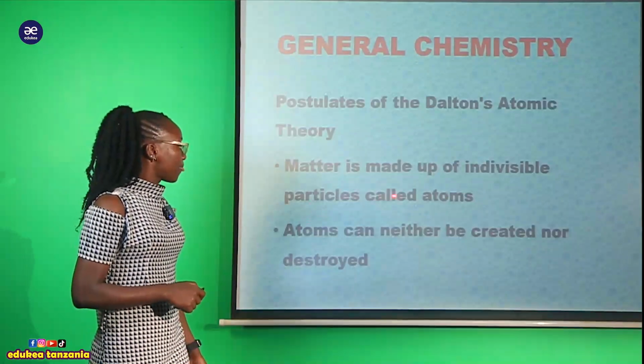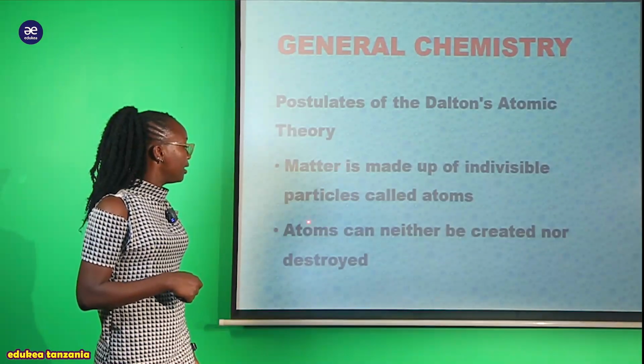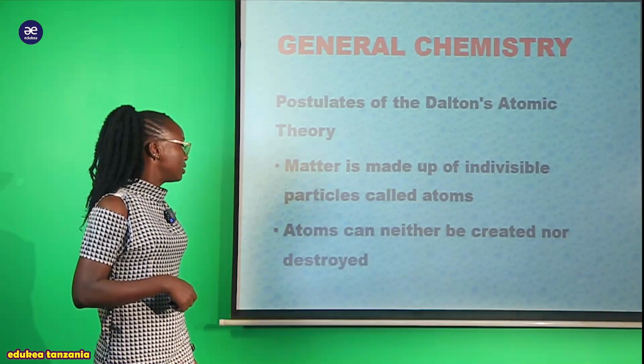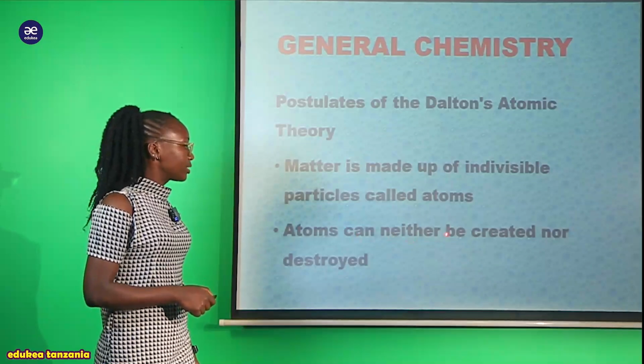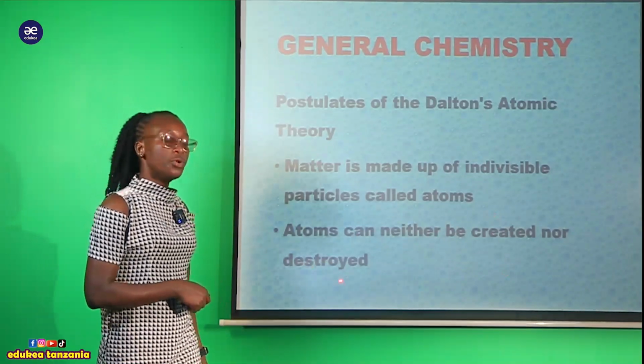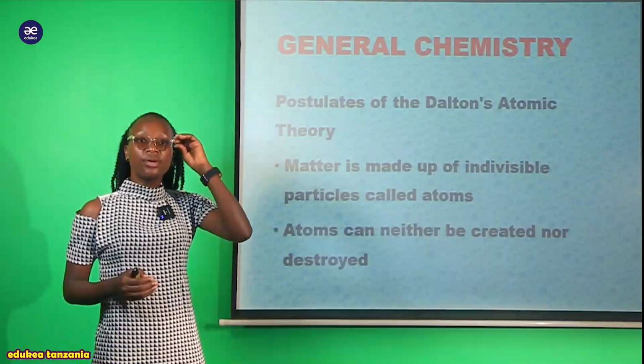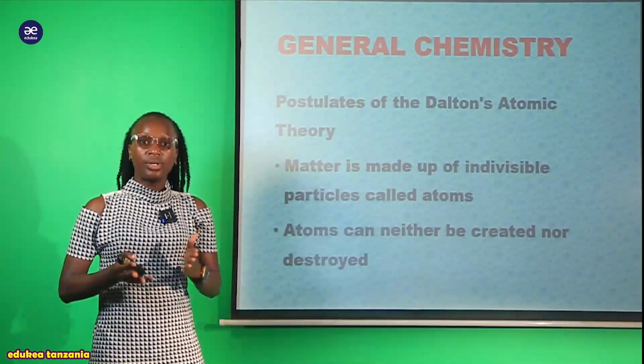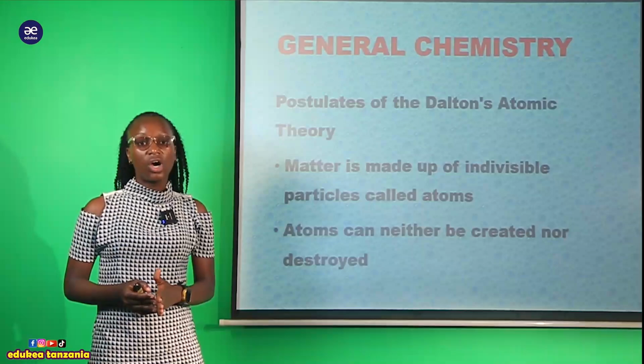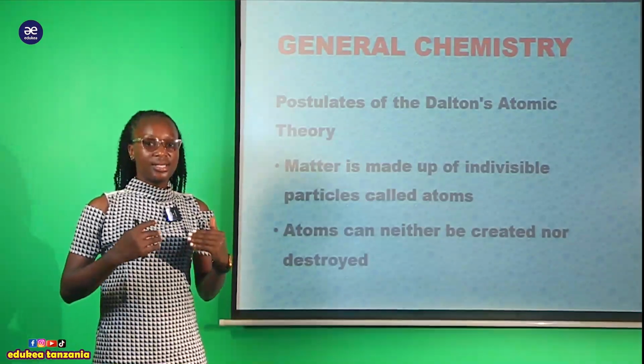But also he suggested another postulate, which stated that atoms can neither be created nor destroyed. Kwa namna moja au nyingine anamaanisha kwamba atom inaweza kuwa created lakini isiwe destroyed. So he tried to look on that side.